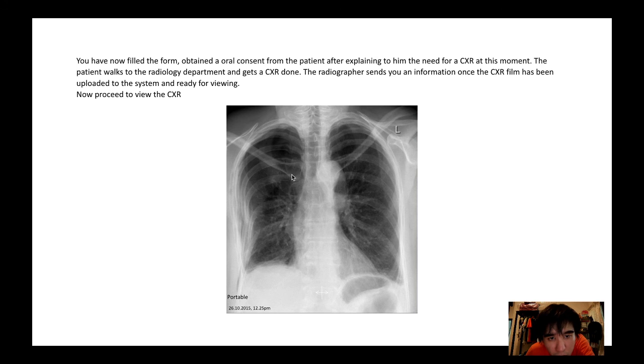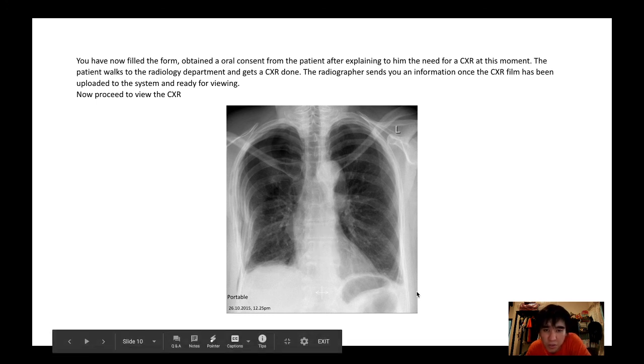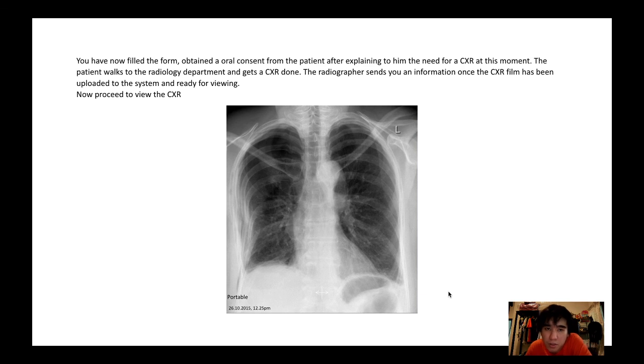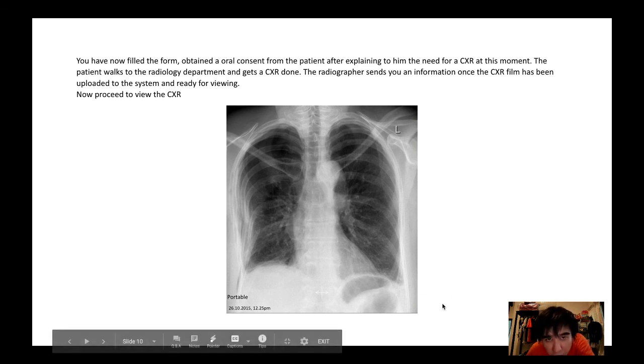Fracture of the 5th, 6th, 7th, and 8th ribs of the right side. And no foreign bodies. So my impression is rib fracture with some soft tissue abnormalities. Not sure what it is.